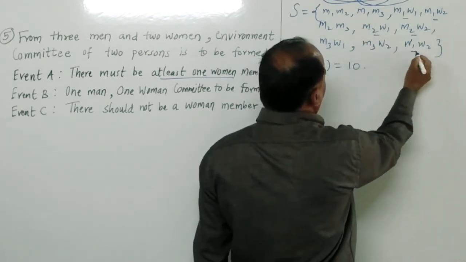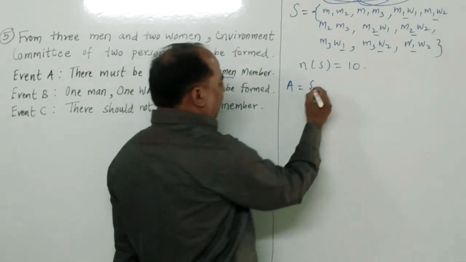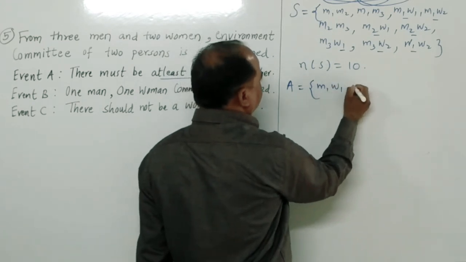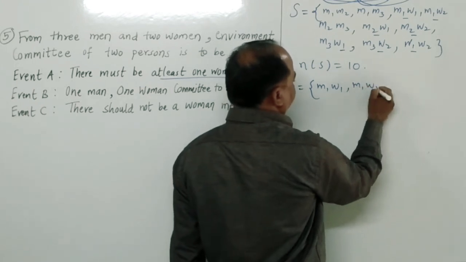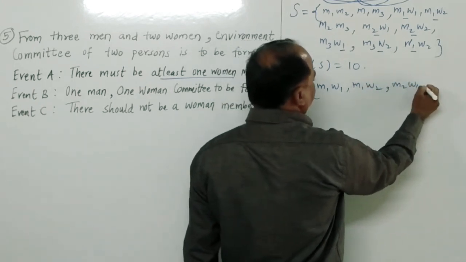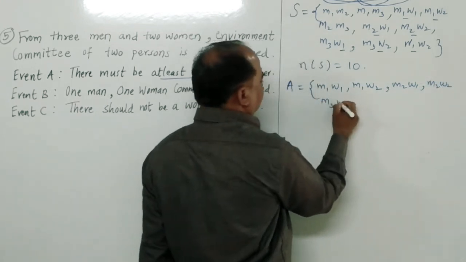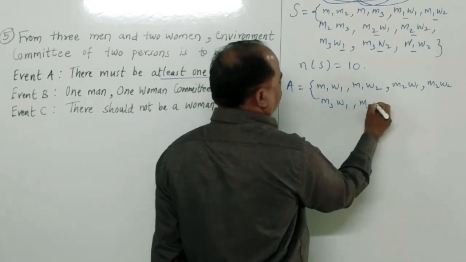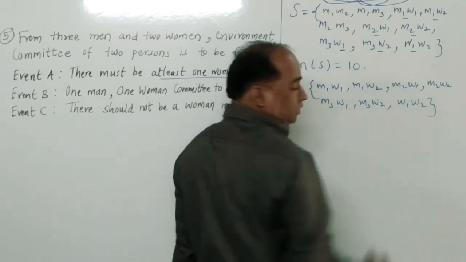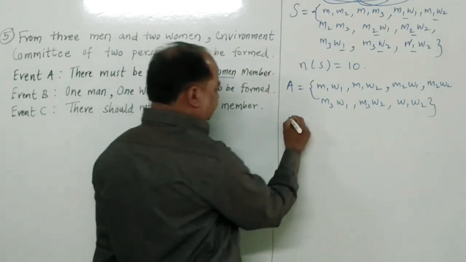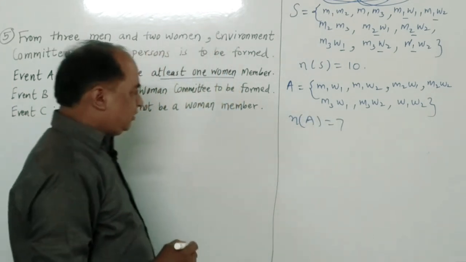So M1, W1, M1, W2, M2, W1, M2, W2, M3, W1, M3, W2 and the last is W1, W2. So like this, in all there are 7 committees in event A.